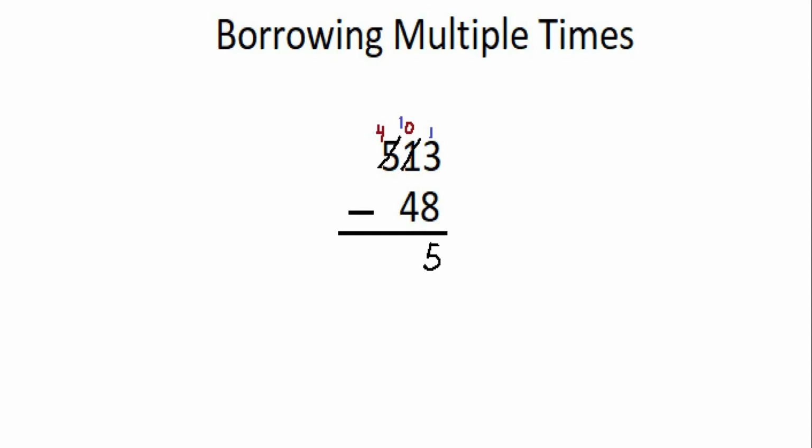Now we can subtract. We now have 10. 10 minus 4 is 6. In the next column, we have 4 minus nothing. 4 minus nothing is 4.